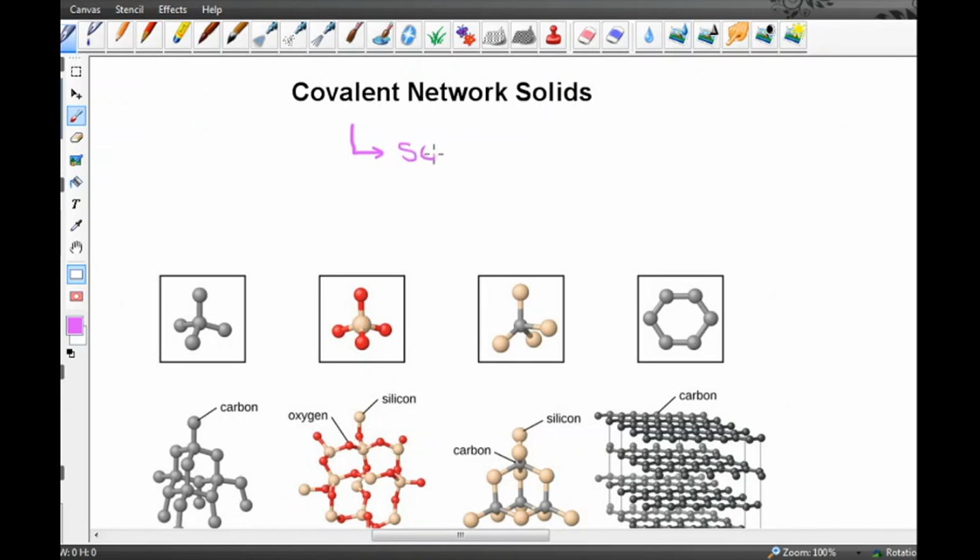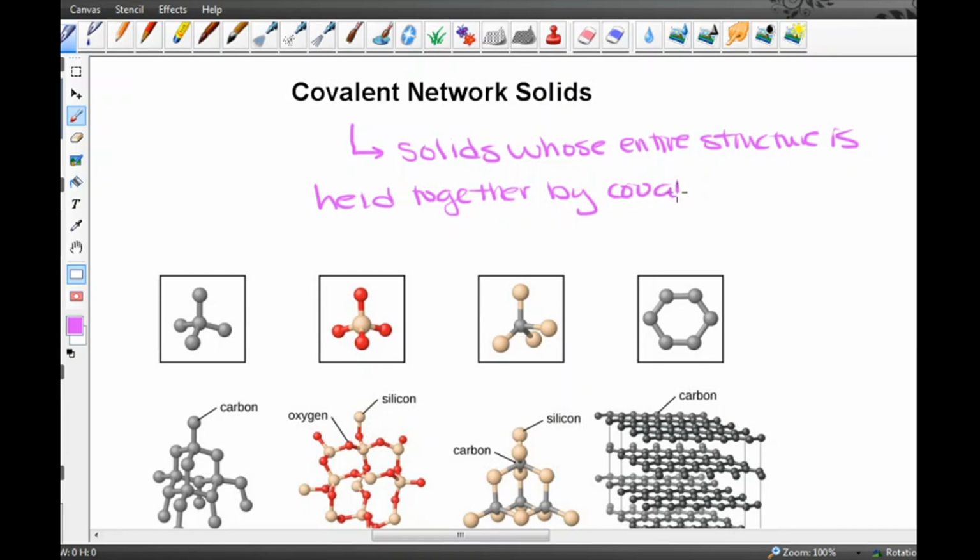Okay, so these are solids whose entire structure is held together by covalent bonds. So it's not an IMF, it's not an intermolecular force, it's like an actual bond or orbital overlap that's holding one molecule to another molecule.